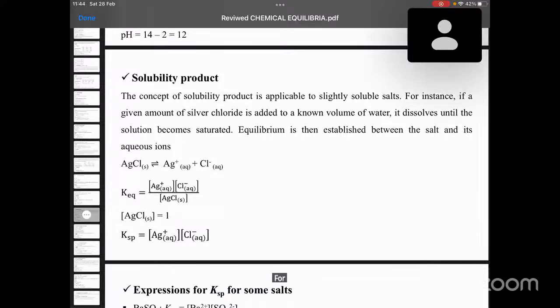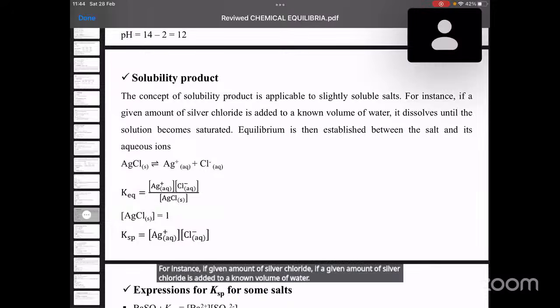For instance, if a given amount of silver chloride is added to a known volume of water, it dissolves until the solution becomes saturated and no more will dissolve. Equilibrium is then established between the salt and its aqueous solution, because you're going to have some salt, and you're also going to have the dissociated salt. The aqueous ions are also going to be there.